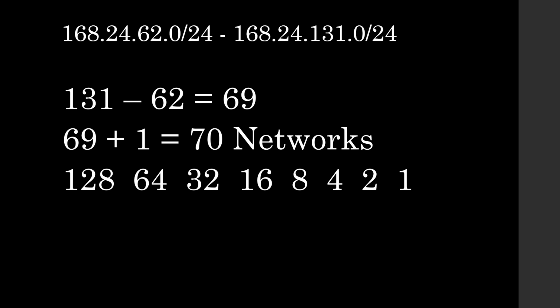From that, we have a network increment of 64 or 128. It depends. What increment should we consider? First and foremost, if we chose 64 as an increment, the result would be an insufficient number of ranges, which won't include 62 or 131 at all.